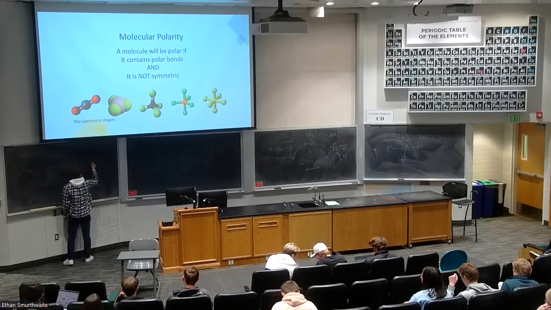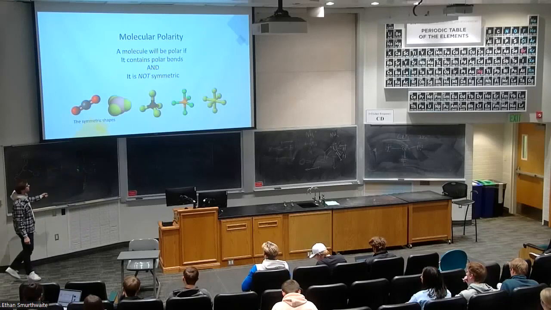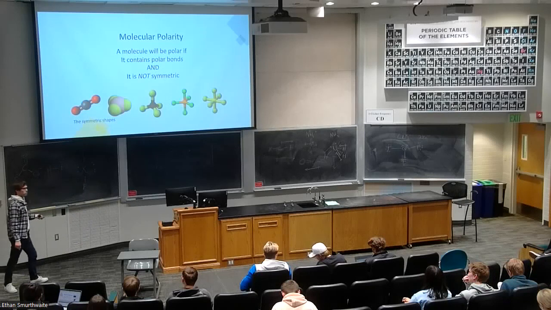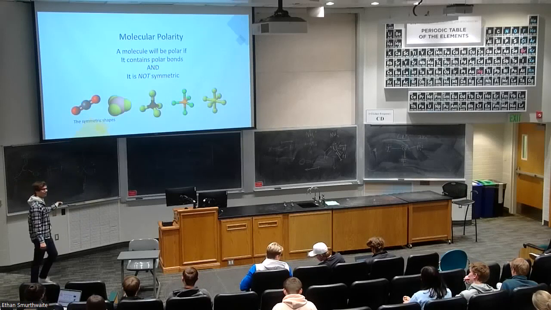So he said, what if it's sp3d or it has 5? And I don't know what this is. Fluorine? Sure. What if it's like this? Is it going to be polar even though there's lone pairs? No, because it's basically linear. It's linear. Does that make sense?